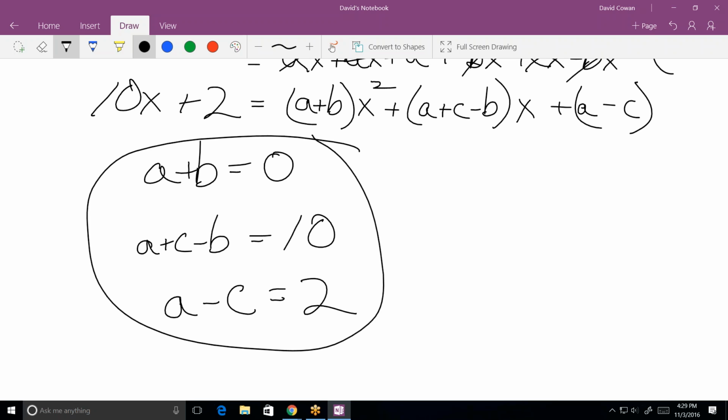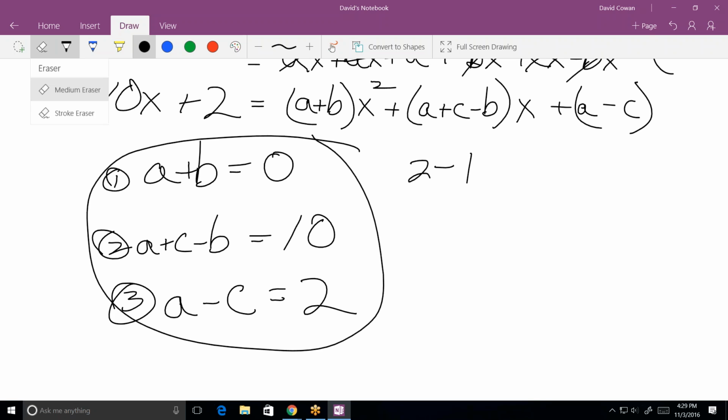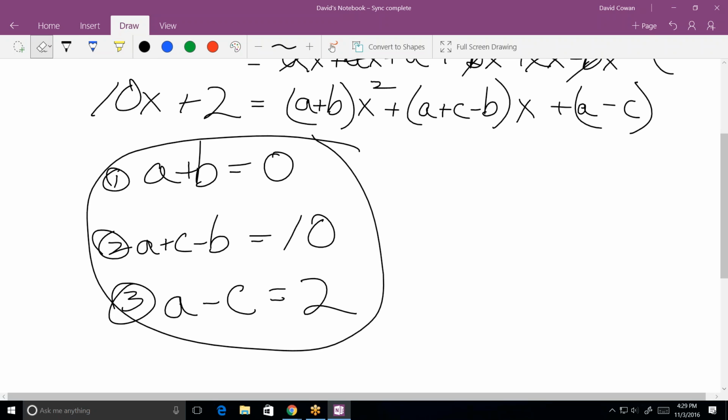I could fool around with substitution, but I think it's going to be a lot of complex algebra. Let's number these: this is equation 1, 2, 3. Right off the get-go, I think I want to take 2 minus 1. That'll get rid of A, and it'll leave me a positive number on the right side. So what do I get?